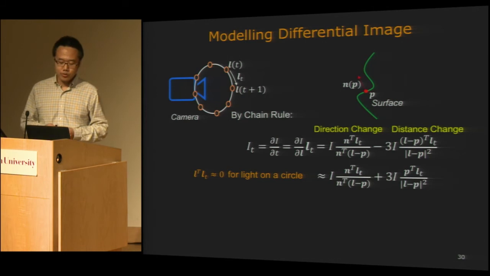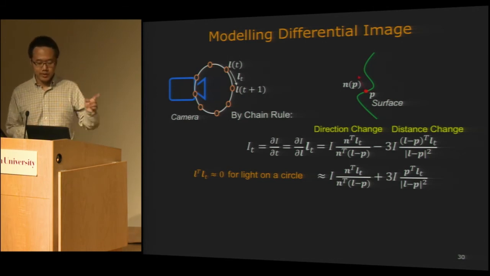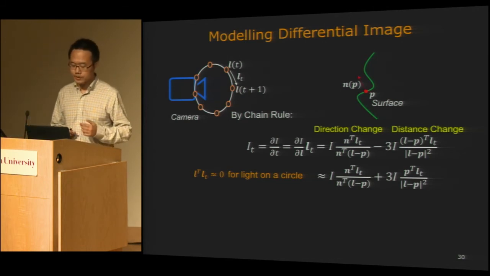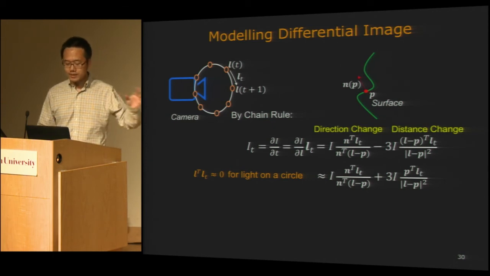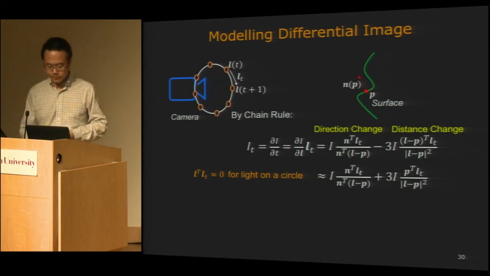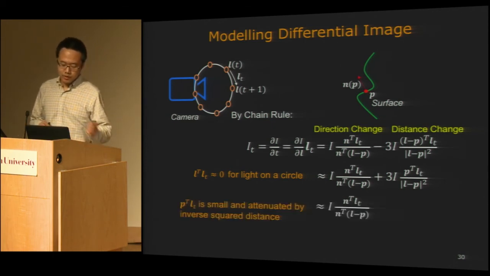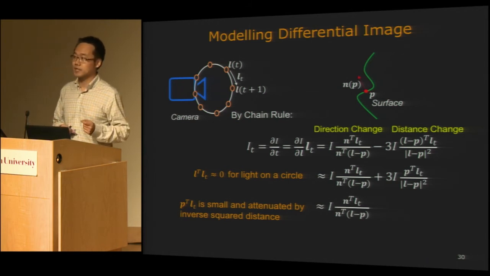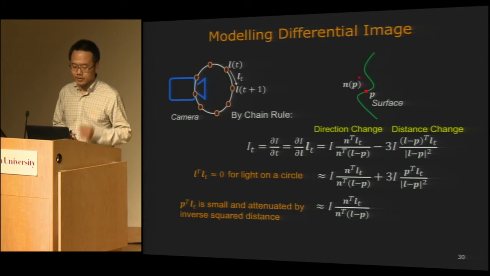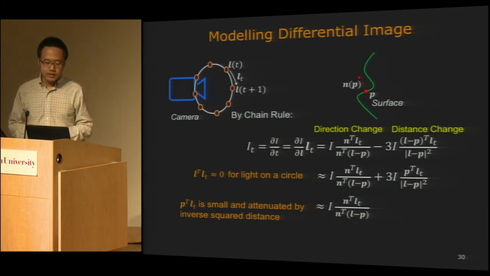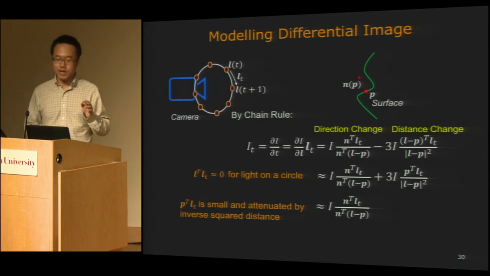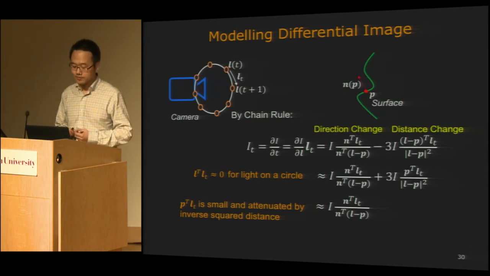So we can remove the dot product between them in the second term, shown in the first line. And let's look at the simplified second term. So the dot product with the differential motion vector is small, and it is further attenuated by the distance between the light source and the point. So we can ignore the second term for the case of depth initialization.